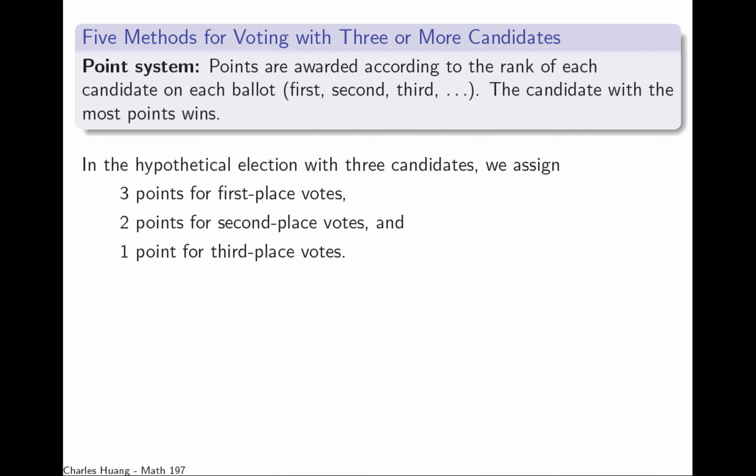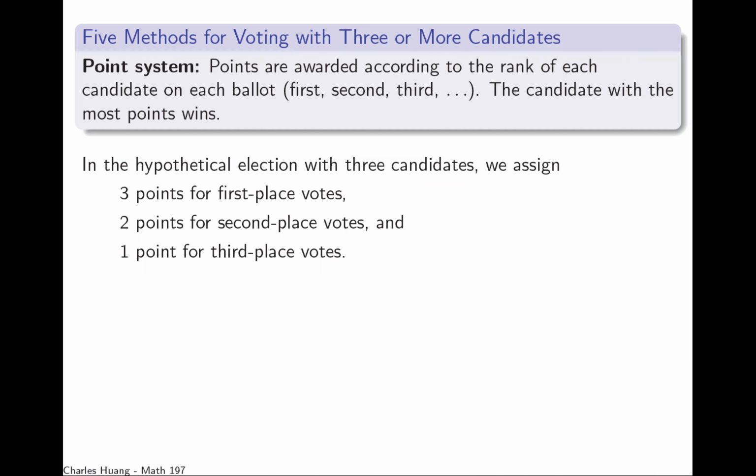The fourth method that we'll talk about is the point system. We give points for coming in first, coming in second, or coming in third on the ballot.